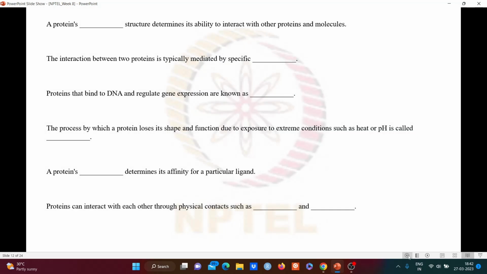So here again I have a few questions, starting with the first one. A protein's which structure determines its ability to interact with other proteins or molecules?